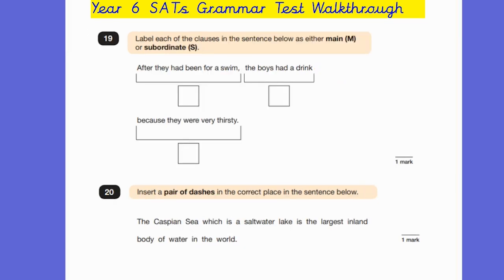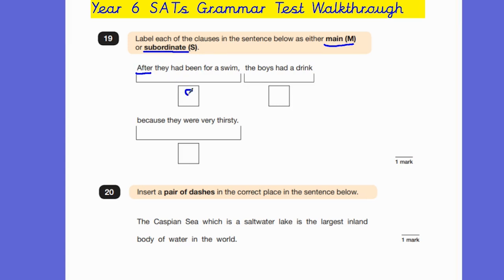Number 19, label each of the clauses in the sentence below as either main or subordinate. Now, main clauses do make sense on their own. Subordinate clauses do not make sense on their own, and they do contain a subordinating conjunction. So if we look at each part, after they had been for a swim. Now, that contains the subordinating conjunction after.